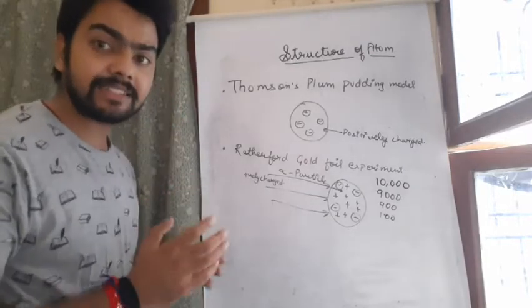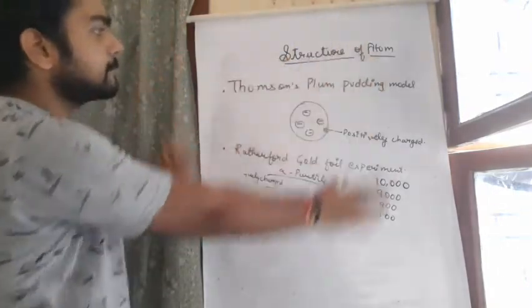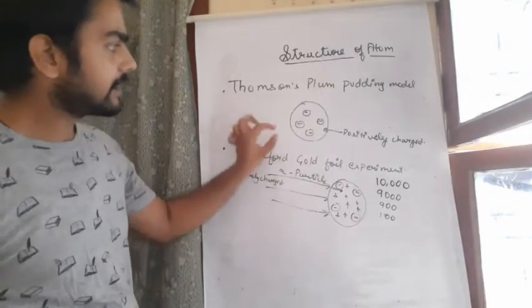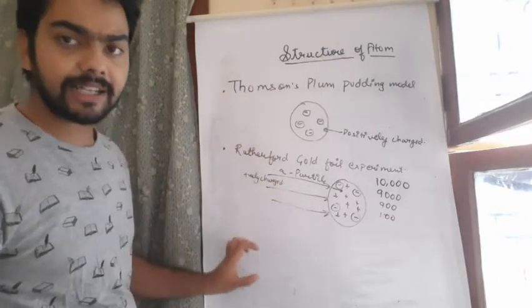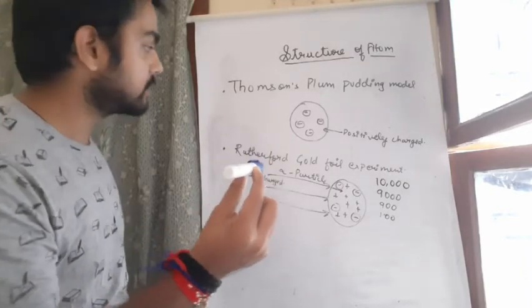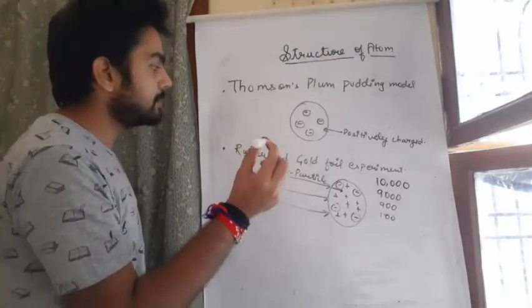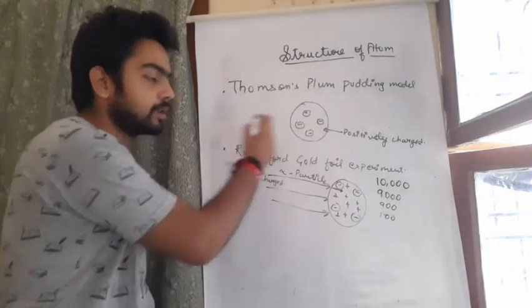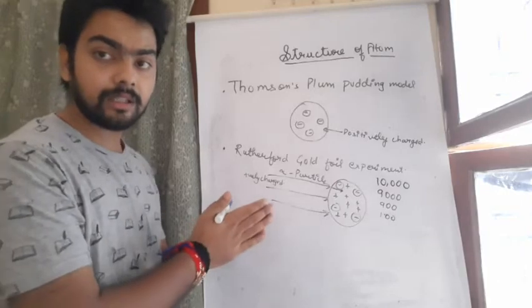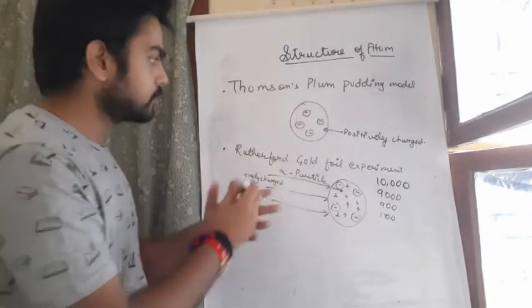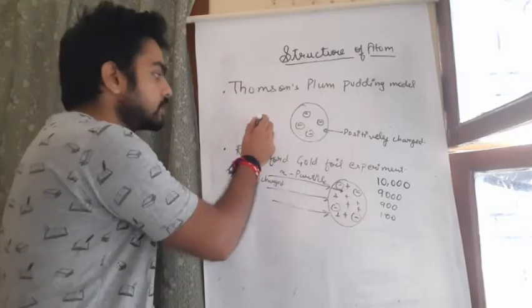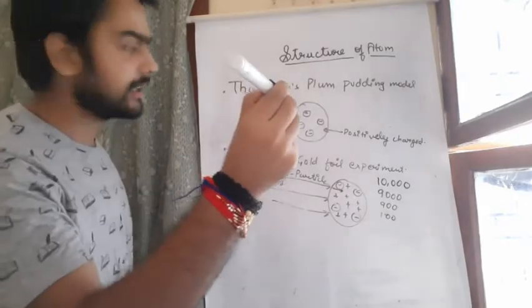That means if we consider an example, if the white portion of this board is positively charged and the one which is written in black is negatively charged, and this is an alpha particle that is positively charged, there is most probability that it will go on the white places, because white color is mostly in this board. So most of the particles, this being positive and this white being positive, should repel and come back at 180 degrees.